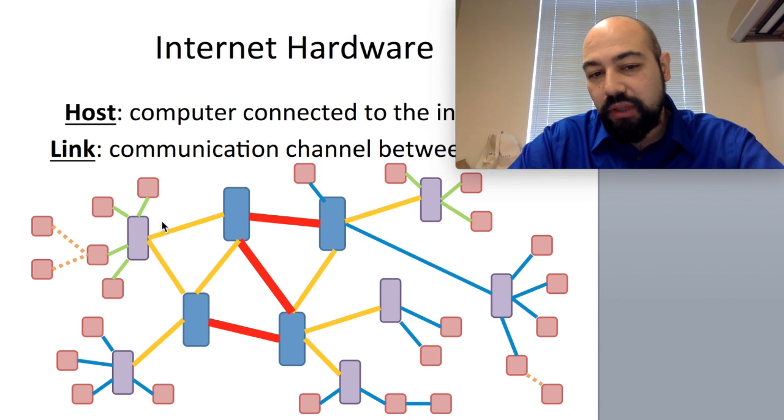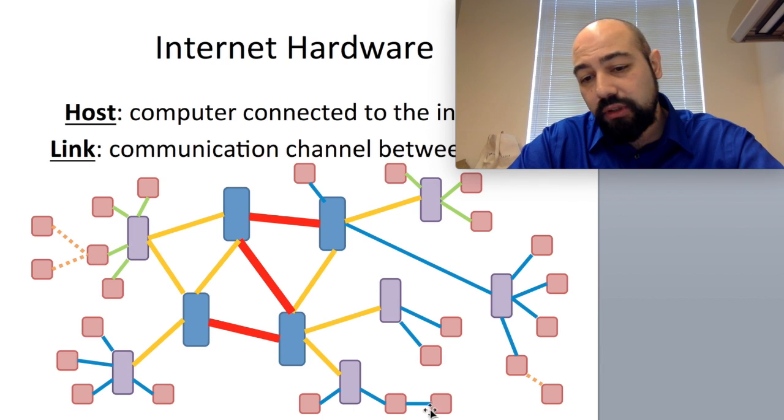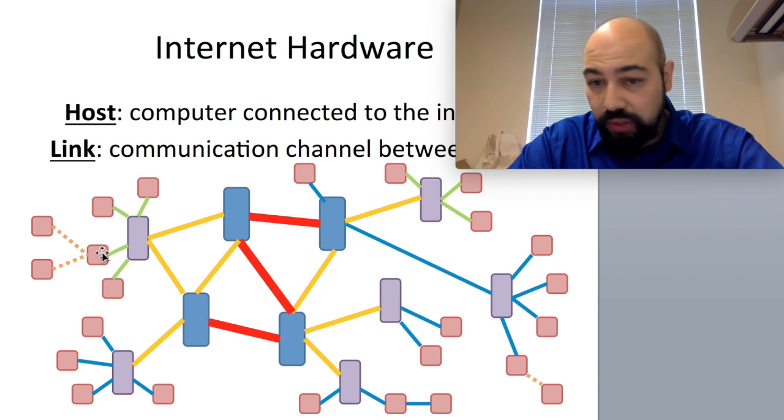So for example, an IP package starting from here and heading to this destination will just go to the first hub the internet is connected through, and then will ask for its path, its way, to the destination. So it will ask for the IP address of the destination. If this host is aware of this IP address, then it will send directly to the next hop on the network.